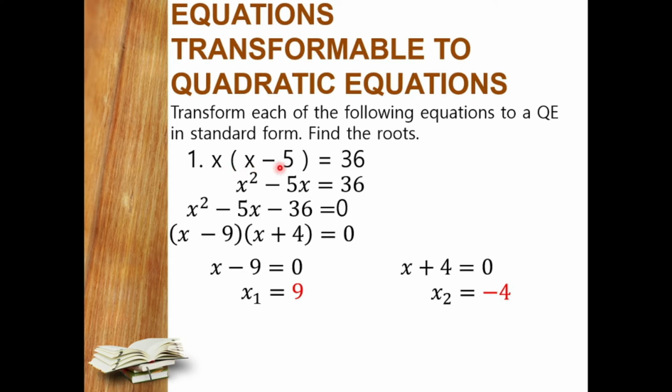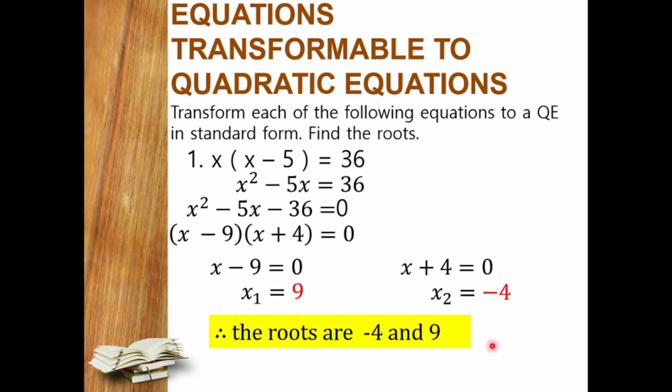So negative 4 minus 5 is actually negative 9, correct. So negative 9 times negative 4 is equal to 36. We can conclude therefore that the roots are negative 4 and 9, and they are both real roots or real solutions.